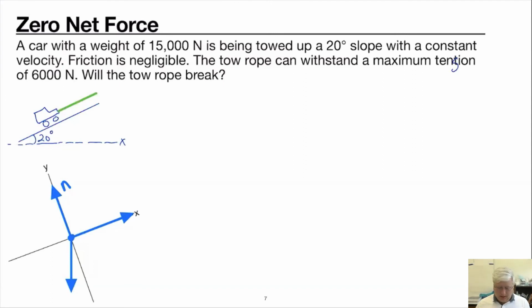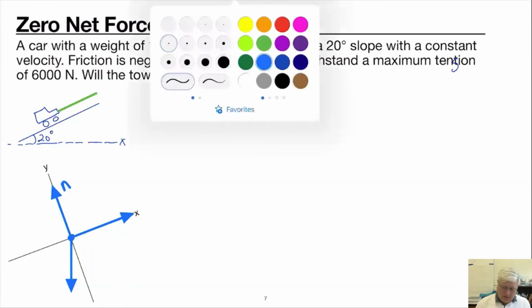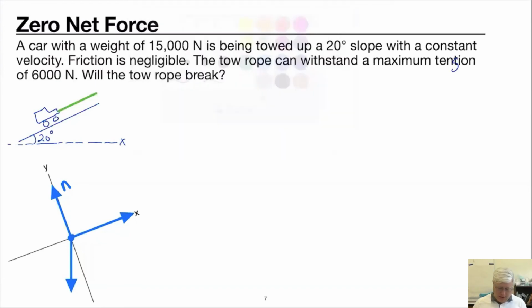Okay, so those are all of our forces going on. To help us picture this a little better, I'll also make our flat surface there, and indicate our 20 degrees here.